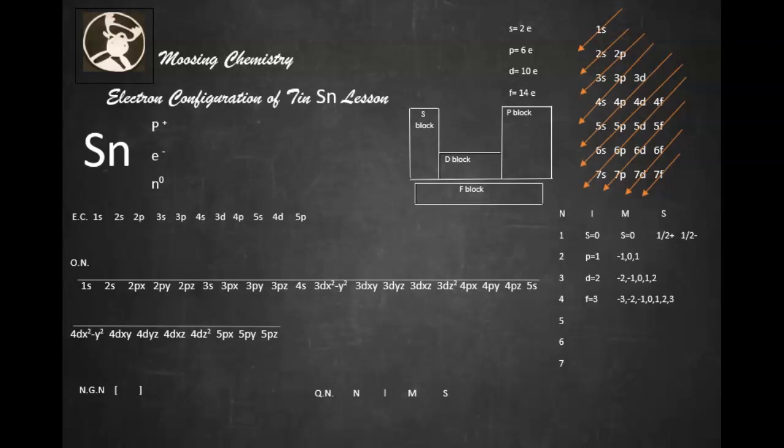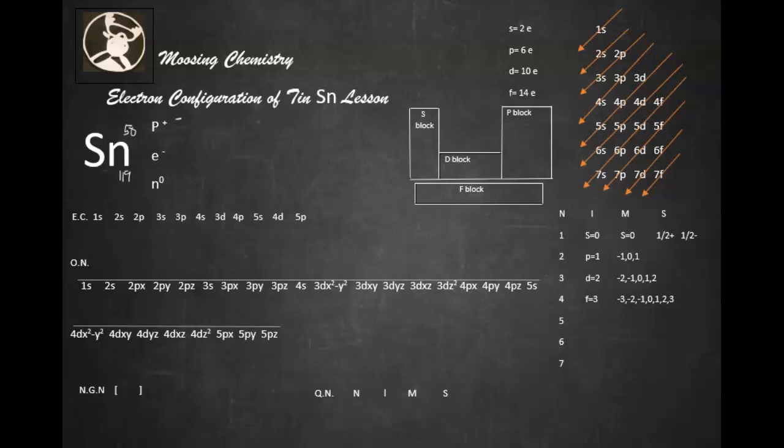Tin, T-I-N, by the way, not T-E-N, happens to be element number 50 on the periodic table. So let's write down 50 for our atomic number. Its AMU is going to be rounded off to 119.